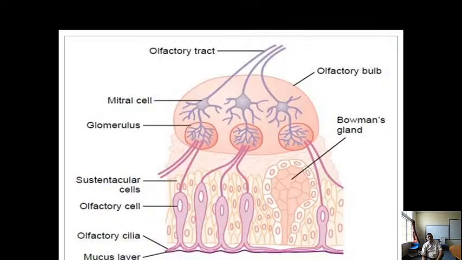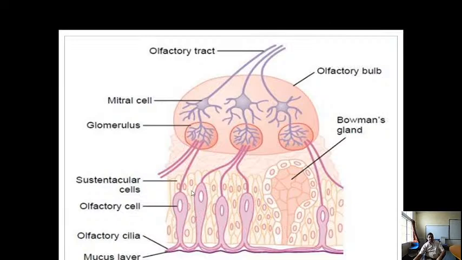Now the olfactory area consists of the basic structure of the olfactory mucous membrane. We will see here. It consists of the olfactory cells, which contain small cilia, covered by the mucous layer.